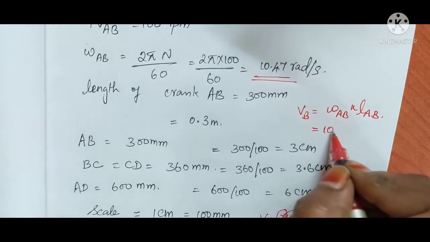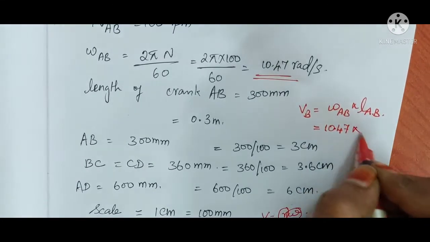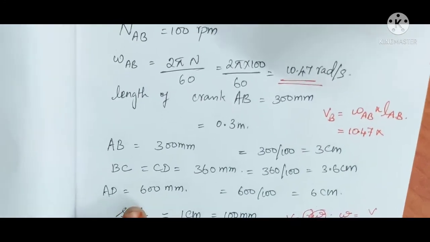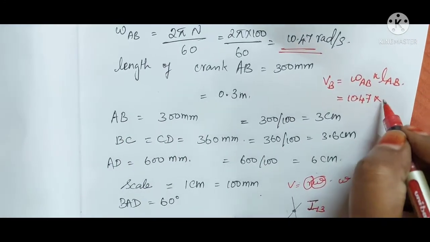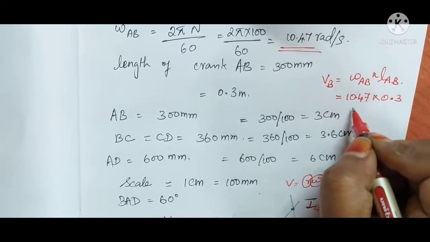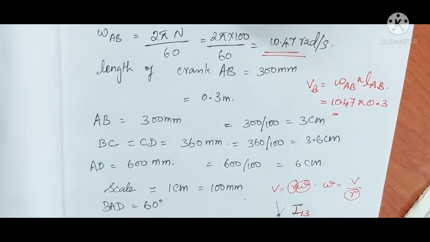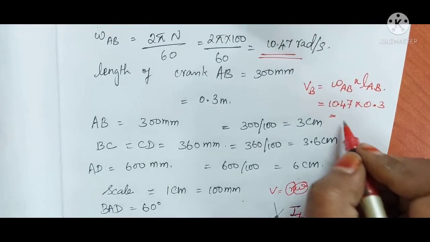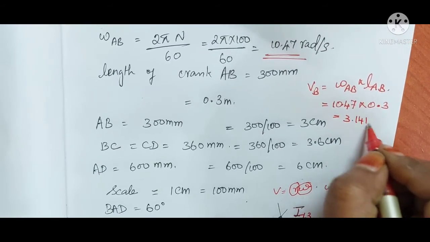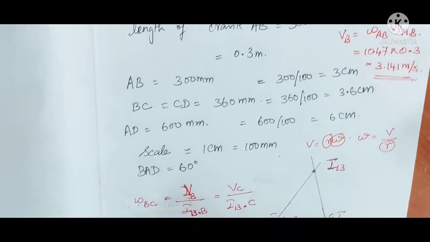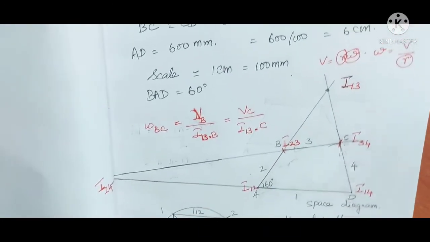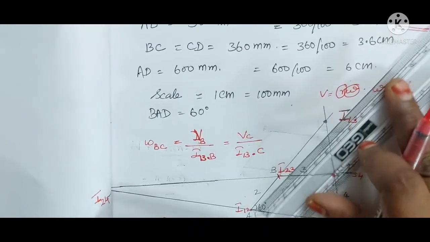So omega AB is 10.47 into the crank length AB, that is 0.3 meters. So the VB value is 3.141 meters per second.